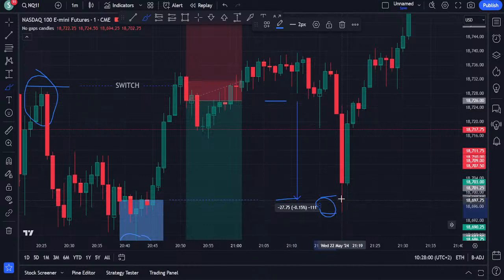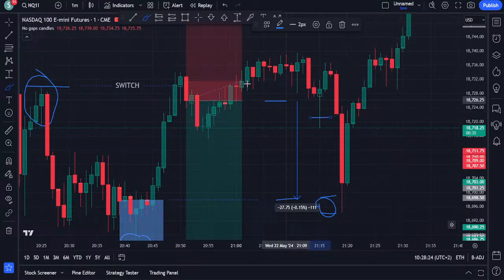The stop would be somewhere here, and so the position would give us 721.5, 725.7. So let's say we remove the spread, we'll get about 4 ticks, perhaps 3.5, right? Something like that. That's what the position would net.